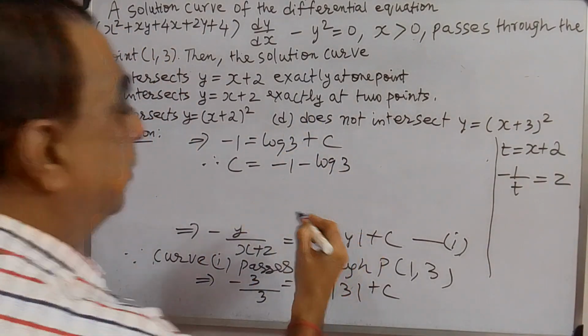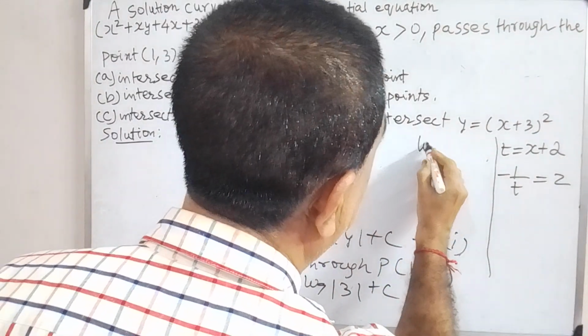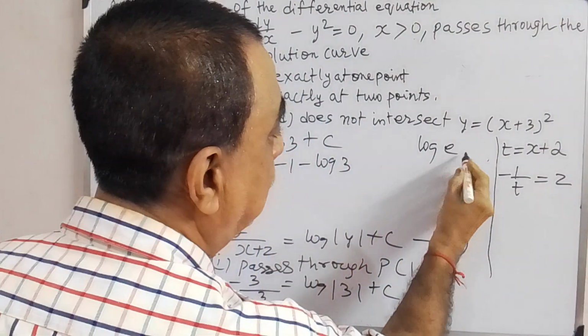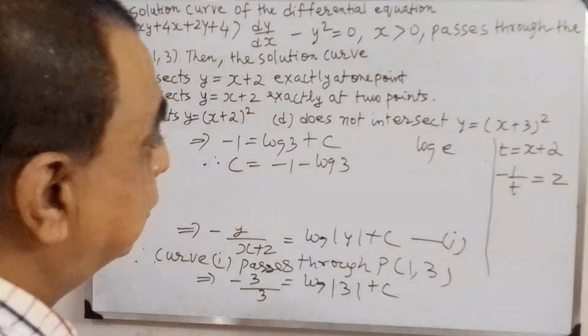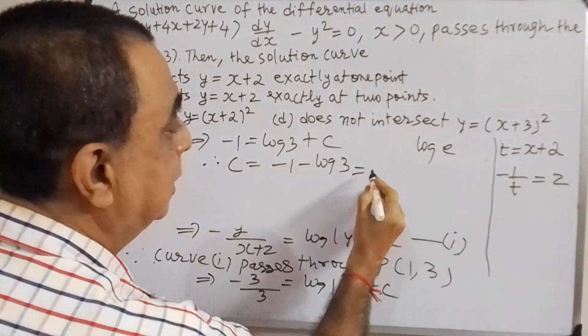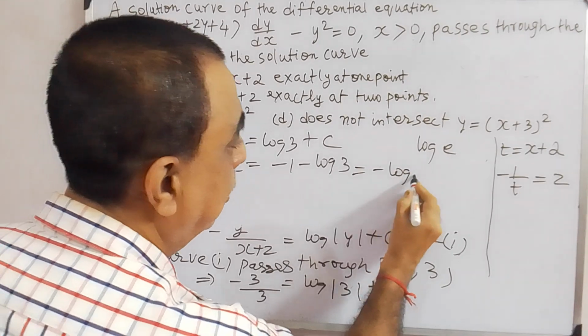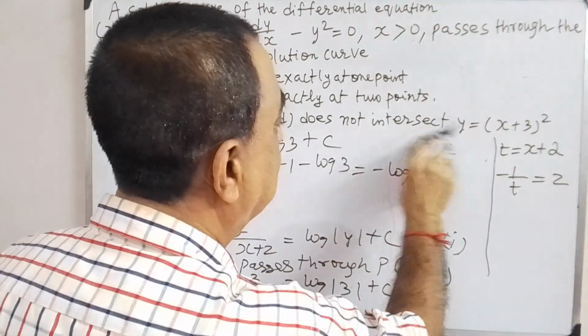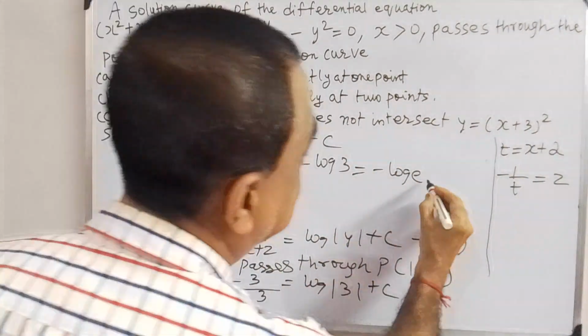Now, 1 we know is log e, since the value of log e is 1. So in place of 1 I am writing log e. So c is equal to minus log e minus log 3.